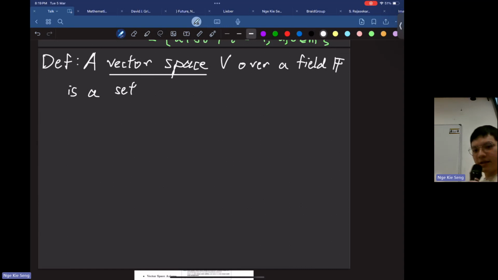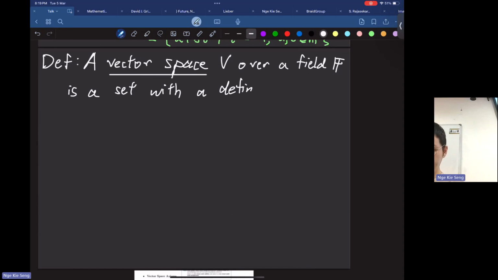So what is a vector space? First of all, it's a set with a defined operation. We call it a vector addition.